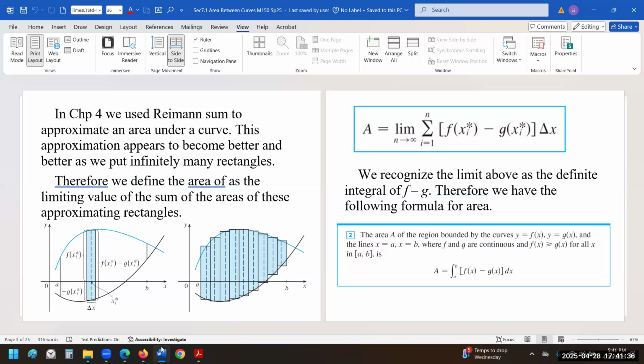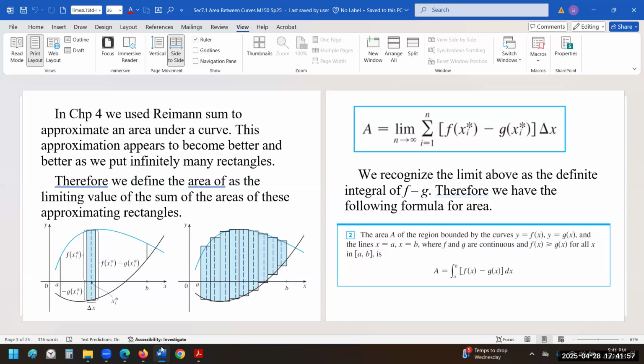You're dividing your area into many rectangles, and then you're taking the sum of the area of all the rectangles. It's the same as the direct antiderivative of the difference of two functions in any given interval.